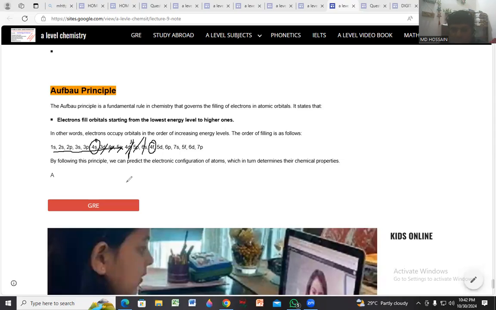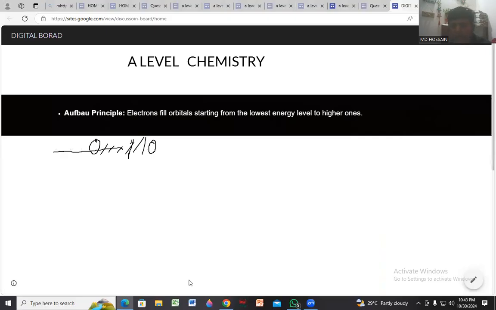So this is our main objective, to learn the electronic configuration. I hope you understand regarding the electronic configuration. Now, the electronic configurations that you should practice. I'm telling you the names of the elements for which you should practice the electronic configuration, and these are the most important ones for the final exam.